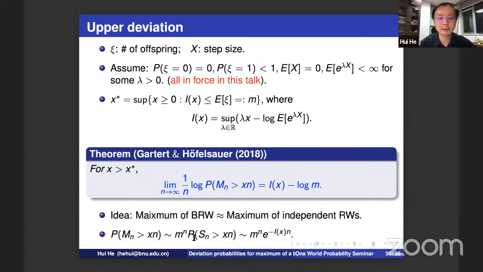And we know that this probability is just this one, okay? Since Ix is the rate function of the random walk. So you get m to the n times e to the minus Ix times n here. Then you take logarithm of this term, you get that is Ix minus log m, okay, right?